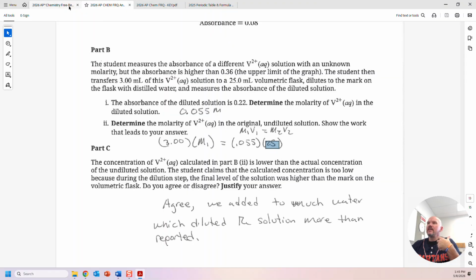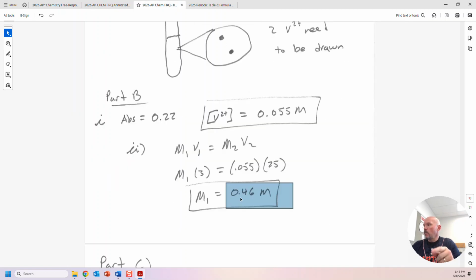So part C is that the concentration of V2 plus calculated in part B2 is lower than the actual. So we got 0.46, okay, when we calculated what the undiluted sample should have been, okay?